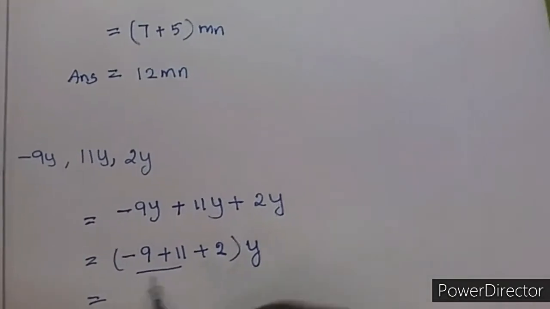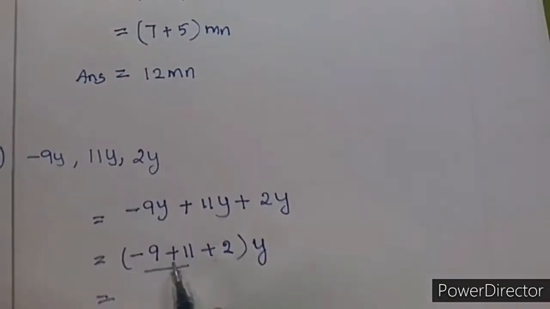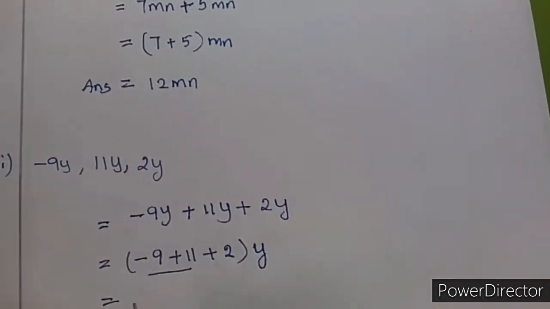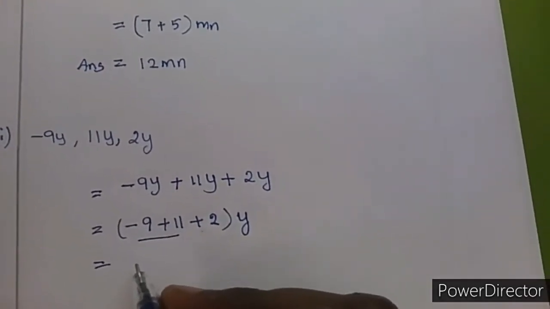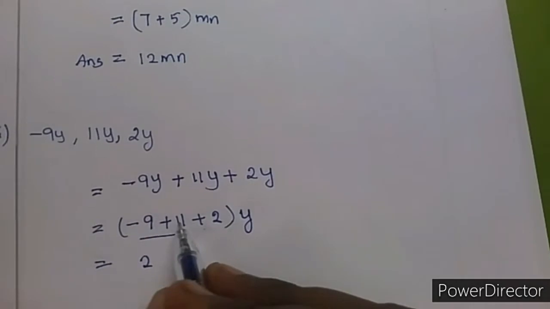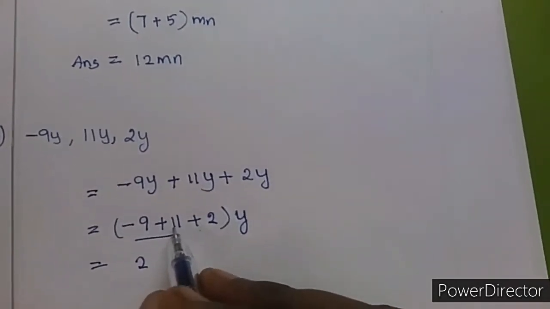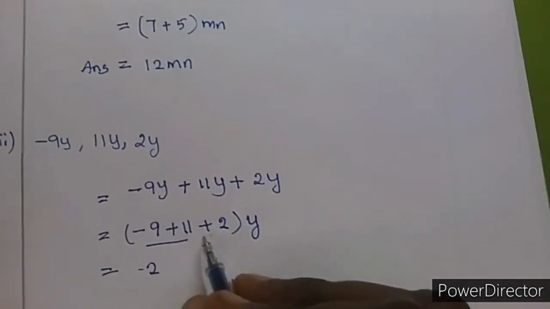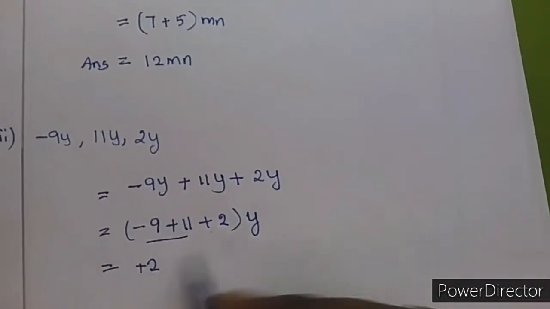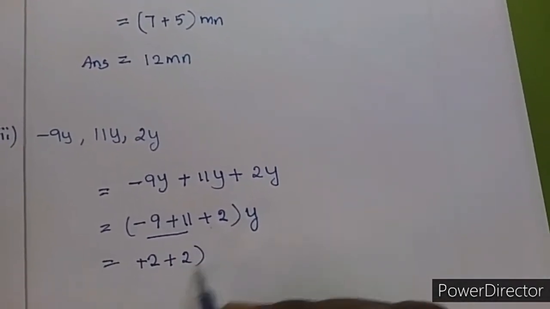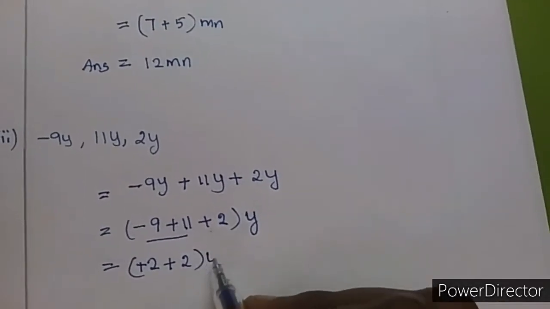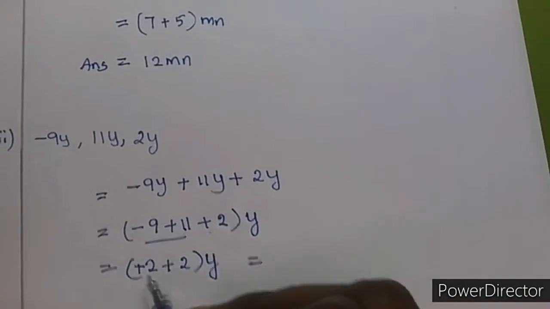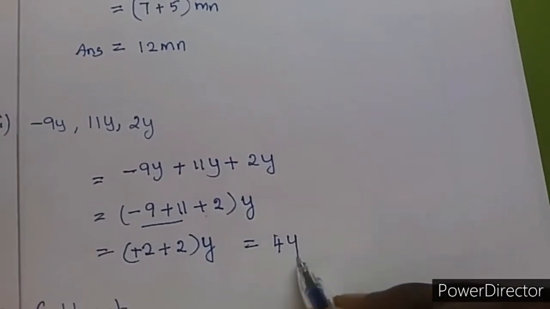Here first, minus into plus, we have to subtract these numbers. So, 11 minus 9 is 2. Which number is greater? Plus 11 is greater, so the plus sign for that. And what is the remaining? Please bring down plus 2. And the variable is y. So, your answer is 2 plus 2, 4y.